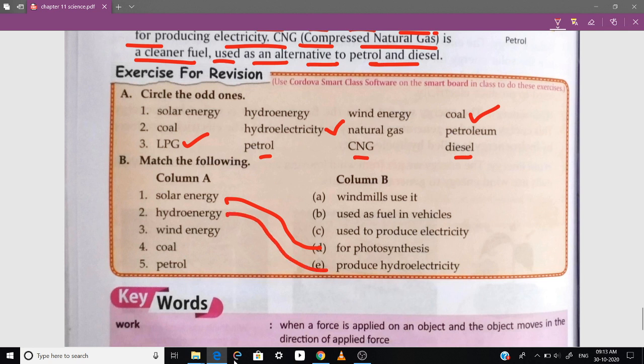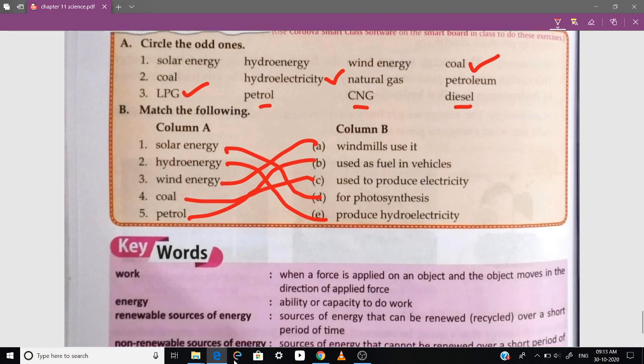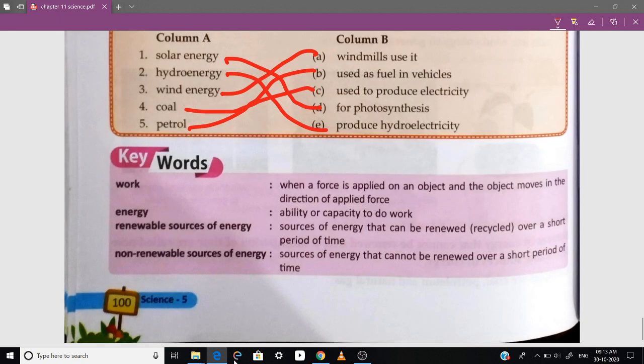Wind energy: windmills use it. Coal is used to produce electricity. And petrol is used as fuel in vehicles. So do this exercise for revision in your book and send it to me.